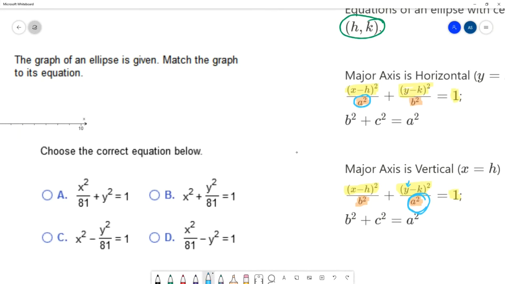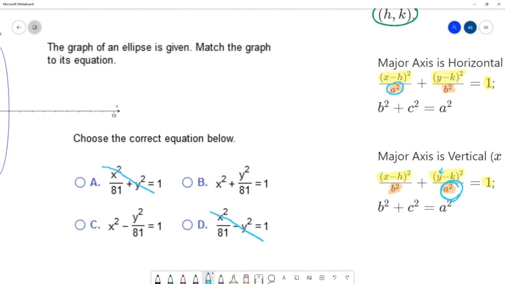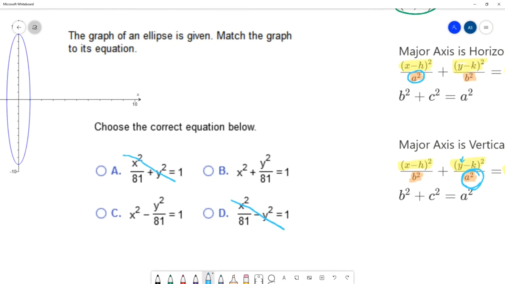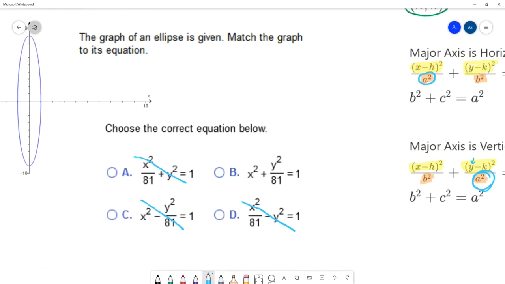So I can go ahead and eliminate this one because y has a shorter one, and eliminate this one because y is shorter. And then from here, it's really easy to eliminate this one because it has a minus instead of a plus.